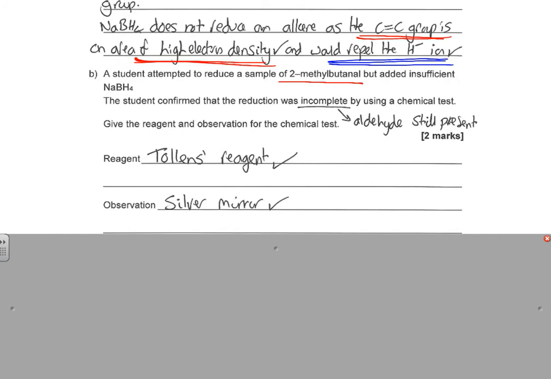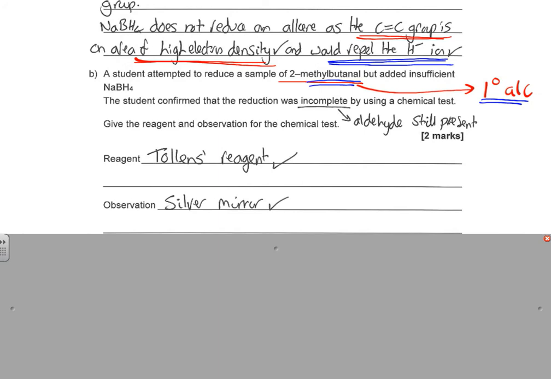2-methylbutanal is an aldehyde. I would expect to reduce that aldehyde to a primary alcohol. So if I use acidified potassium dichromate, it would react with my primary alcohol and oxidize it, but it would also oxidize my aldehyde, and really it wouldn't tell me anything.